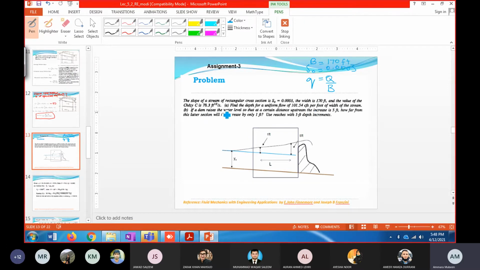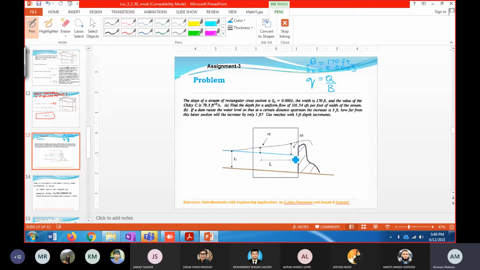If a dam raises the water level so that at a certain distance upstream the increase is 5 feet, how far from this section will the increase be only 1 foot? So they say there is a dam constructed, and at a certain distance upstream the increase is 5 feet.